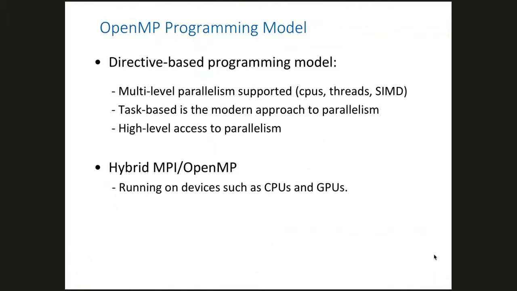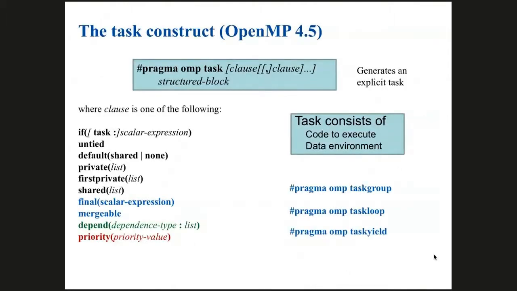And OpenMP now, by definition, can run on GPUs or even other accelerators like the original Intel Xeon Phi or something like that. So in OpenMP 4.5, the task is considered to be complete.